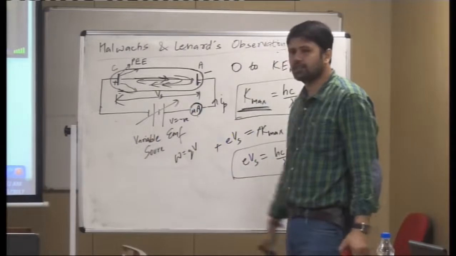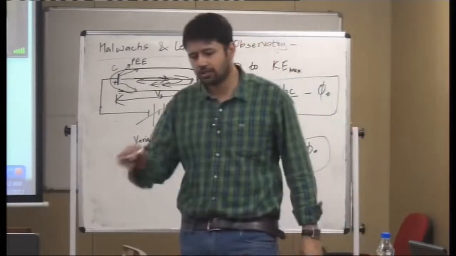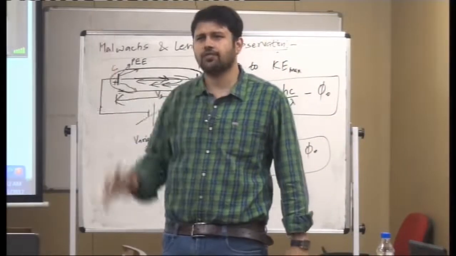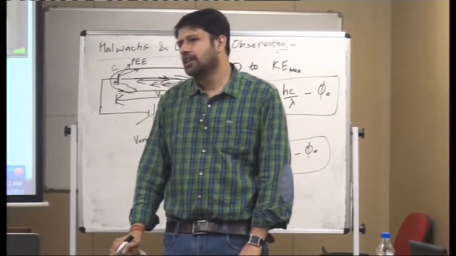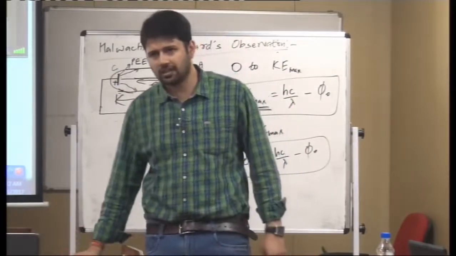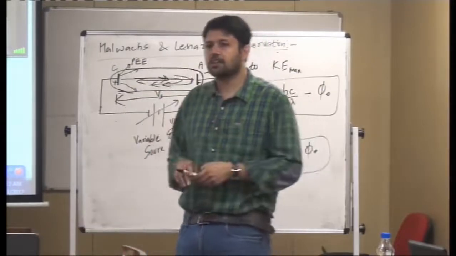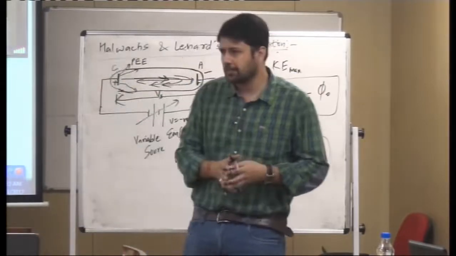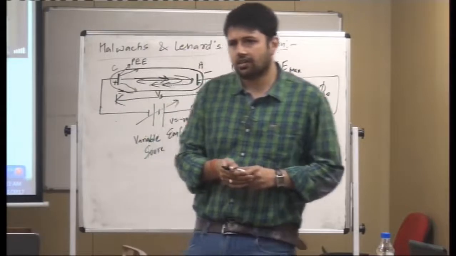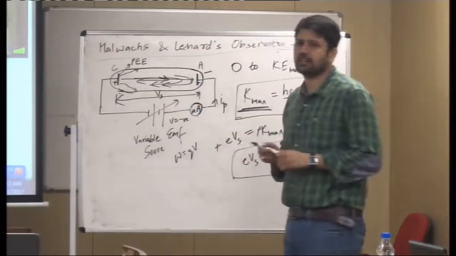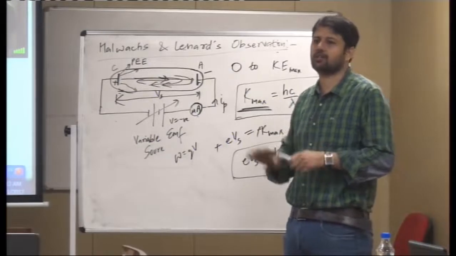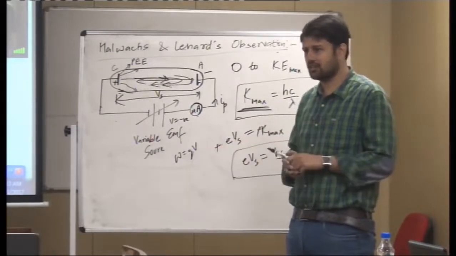We also understood that with intensity, saturation current increases by the same factor. This is clearly understandable, right? If intensity is double, then double the number of photons are coming, which means double the number of photoelectrons emitted, twice the photocurrent, right?